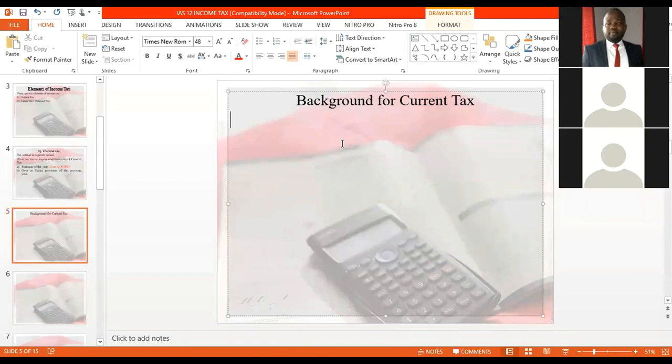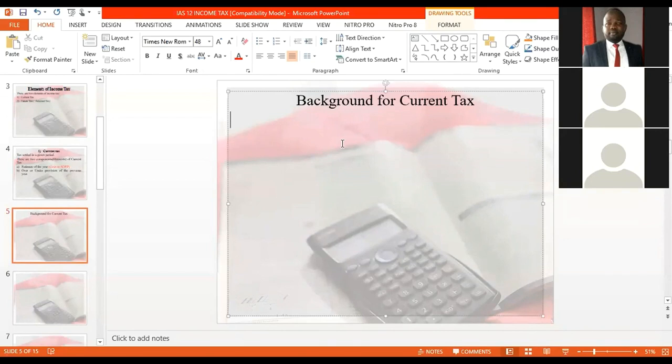So you will not know the actual amount of tax until your financial statements have been audited and authorized for use. Before they are audited and authorized for use, you are still basing your financial statements on what we call estimates.